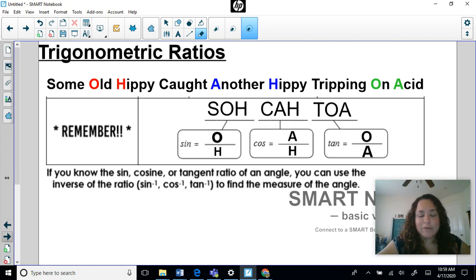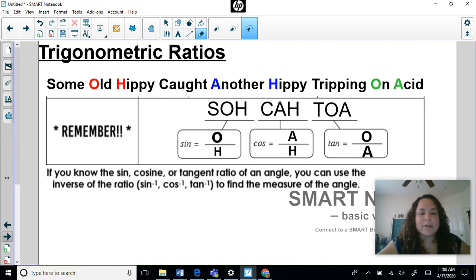I know it sounds a little funny. Whenever I teach this in the classroom, people laugh or they're astonished as to the fact that I just said tripping on acid. But it's a funny way to remember the three ratios. So some old hippie refers to the sine ratio, which is calculated using the opposite side over the hypotenuse.